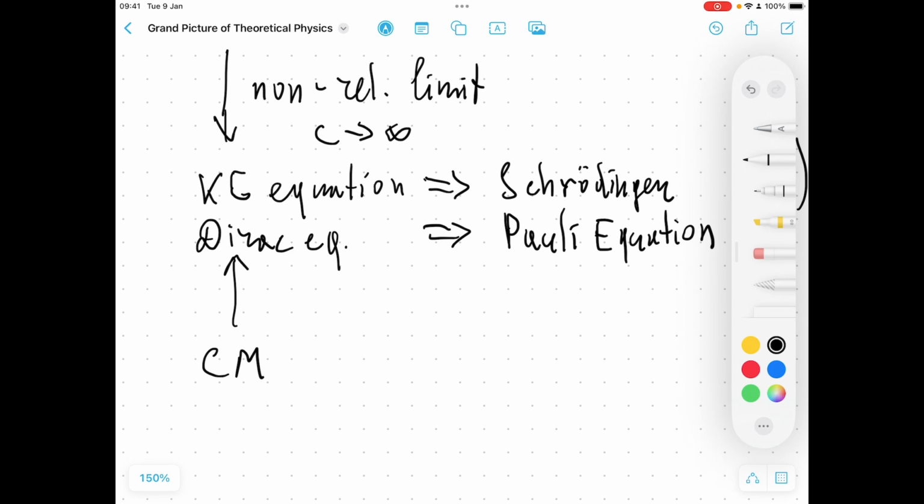For example, momentum should be substituted with the derivative ∂_μ. Energy should be represented as ∂_t. And orbital momentum in some space coordinate should be represented via x_μ ∂_ν, something like that.